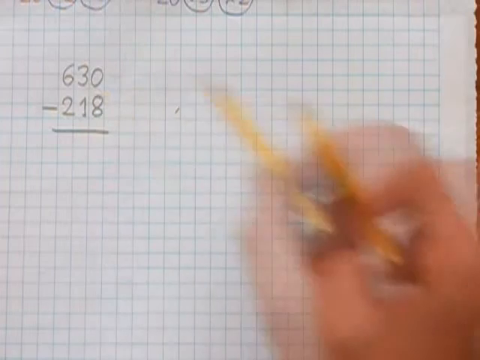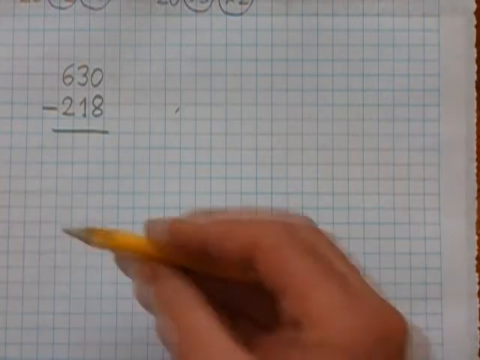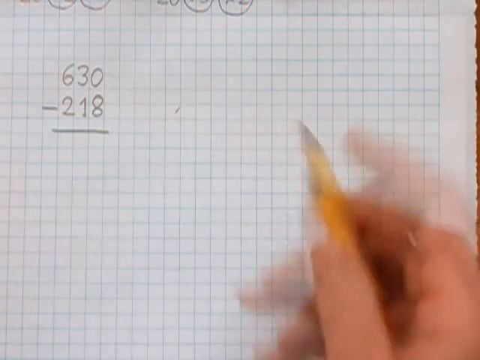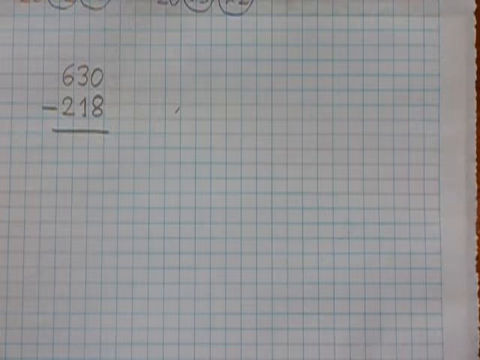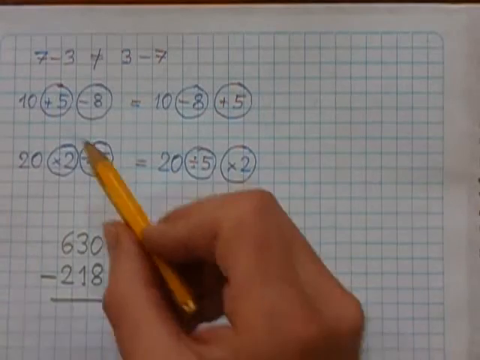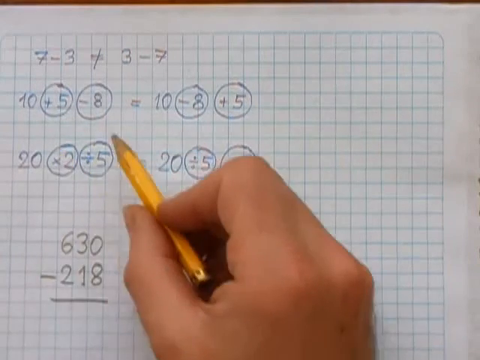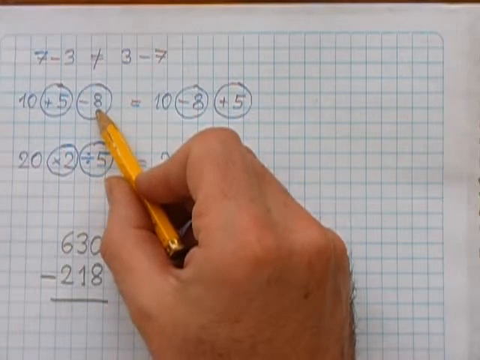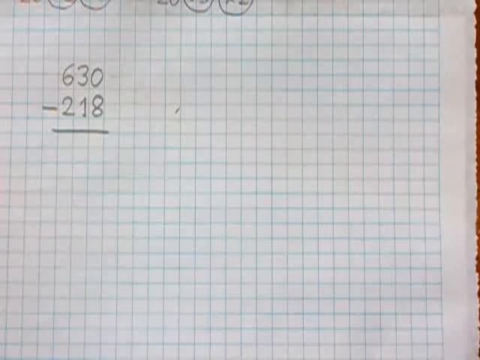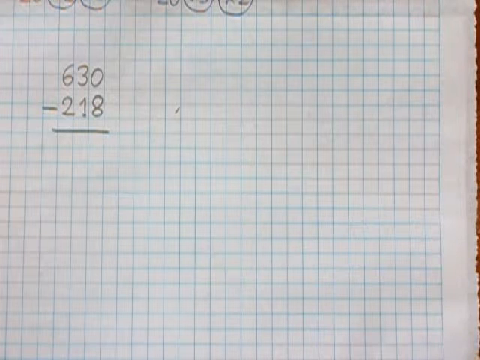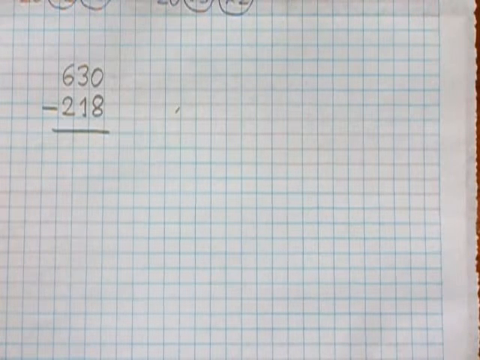Also, according to our notational conventions, the sign goes before the corresponding number and not after it. Therefore, in the former example, the positive sign belongs to the 5 and the negative sign belongs to the 8. So please put the signs in their correct places and avoid confusions.